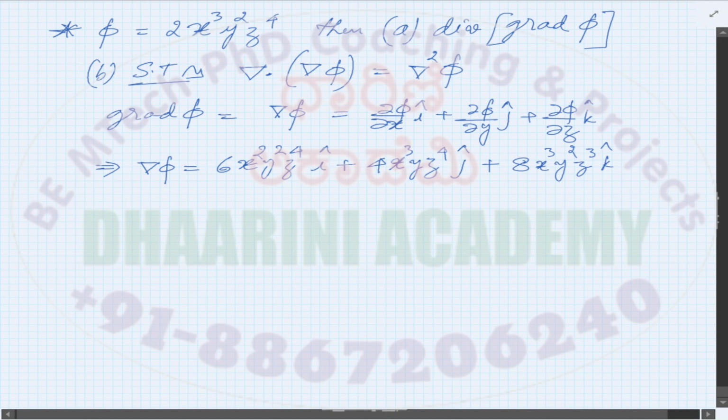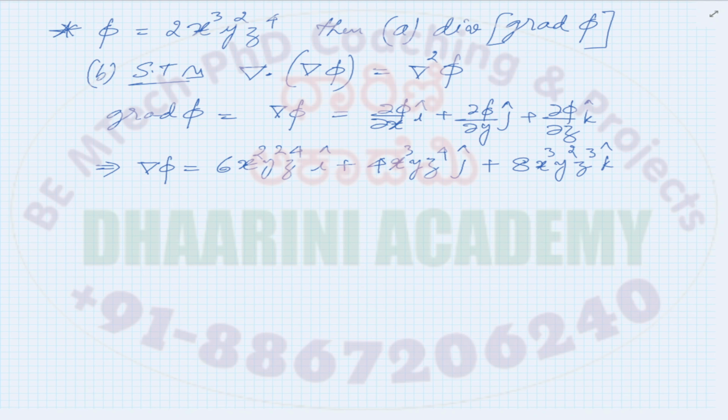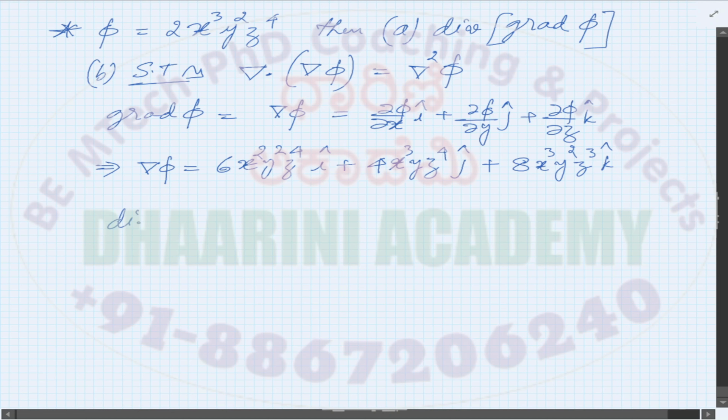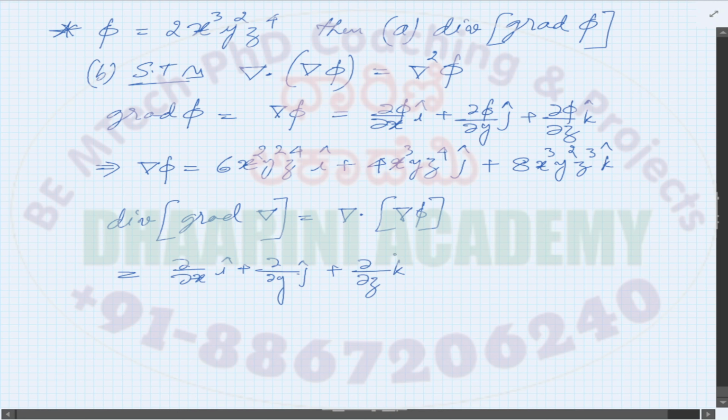Now what they are asking us is to find the divergence of this, right? So the divergence of the gradient of phi is denoted by del dot del phi. So that is equal to del dot, in the sense this is dou by dou x into i cap, plus dou by dou y into j cap, plus dou by dou z into k cap.